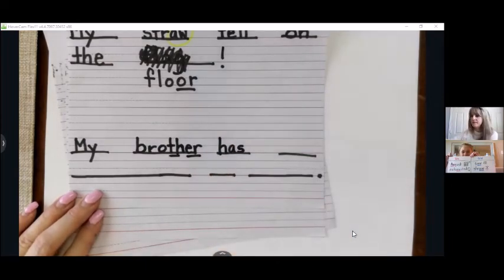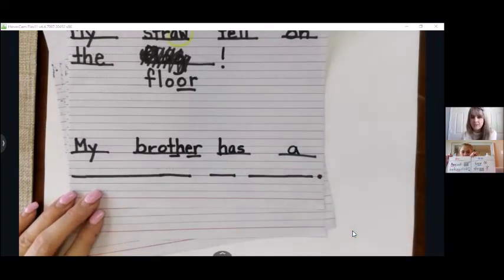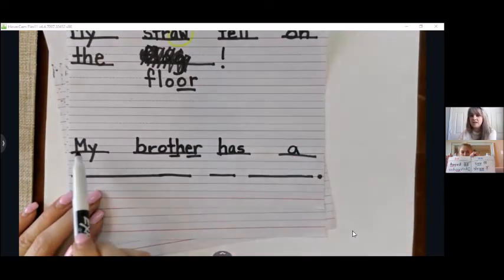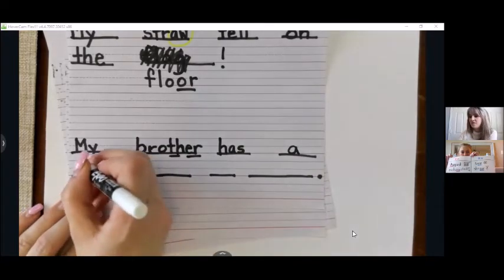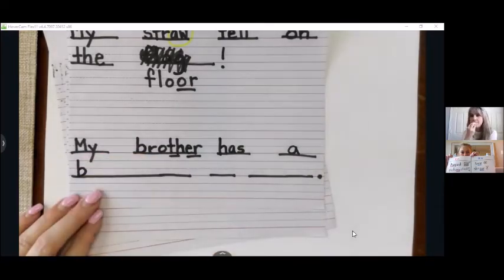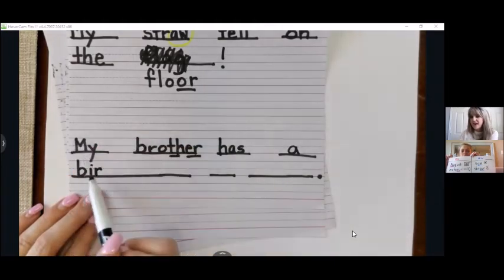has, we know the cute little word a, and I don't need to make it a capital A because none of my letters should have capitals. I'm only needing one, just the beginning one so far. My brother has a birthday. Oh, it's got that bossy R saying birth.